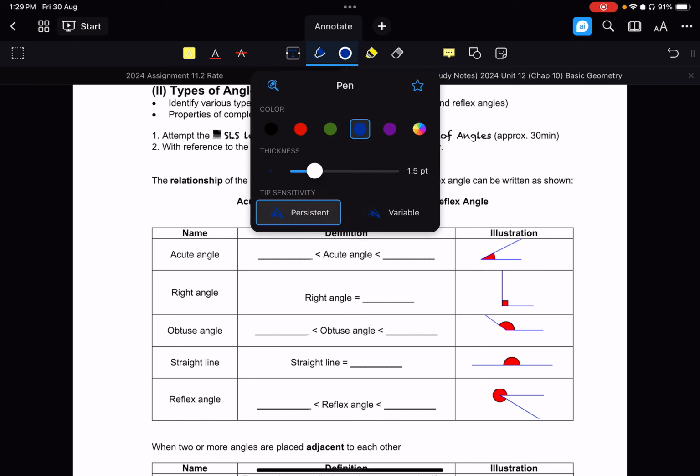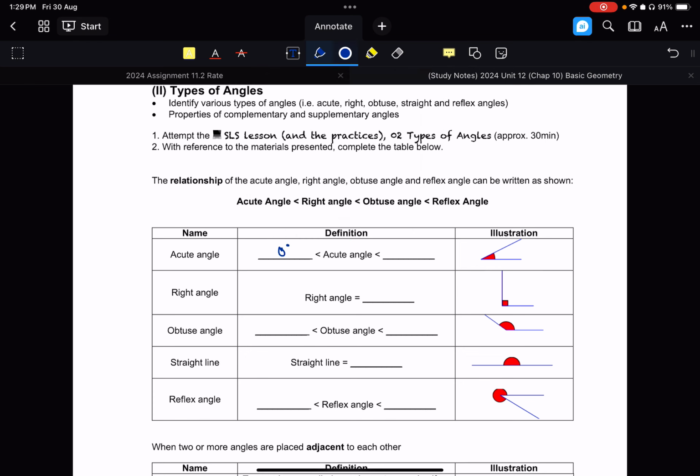If I have an angle from 0 degrees to 90 degrees, we call it an acute angle. Of course, the right angle is exactly 90 degrees. Between 90 degrees and 180 degrees, we call these angles obtuse. When it's 180 degrees, well, it's a straight line. And beyond that, up to 360 degrees, we call these reflex angles.